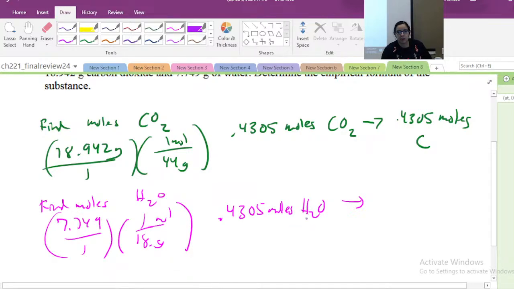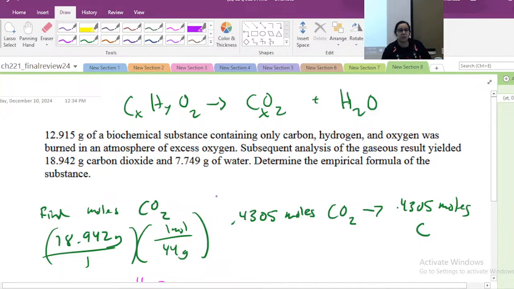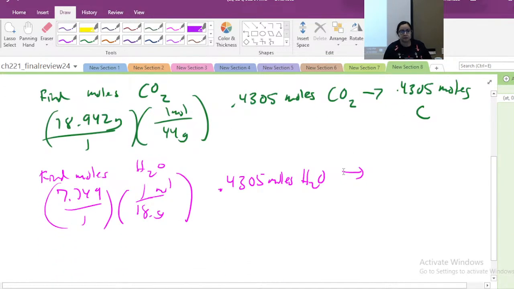Let's look back at H2. How does this translate to moles of hydrogen? It's the only compound after the combustion that contains hydrogen, so every mole of that contains 2 atoms of hydrogen.